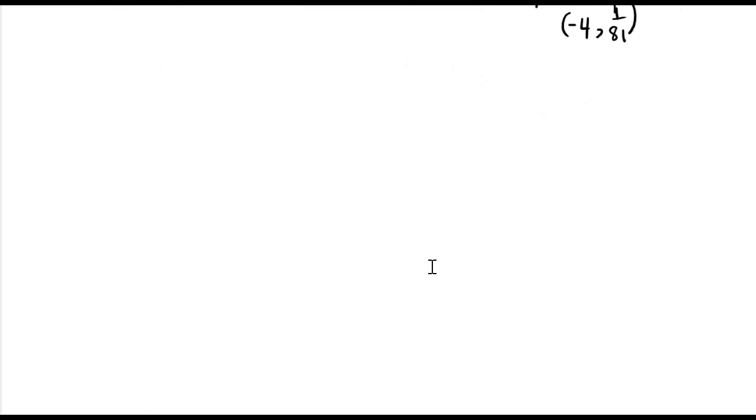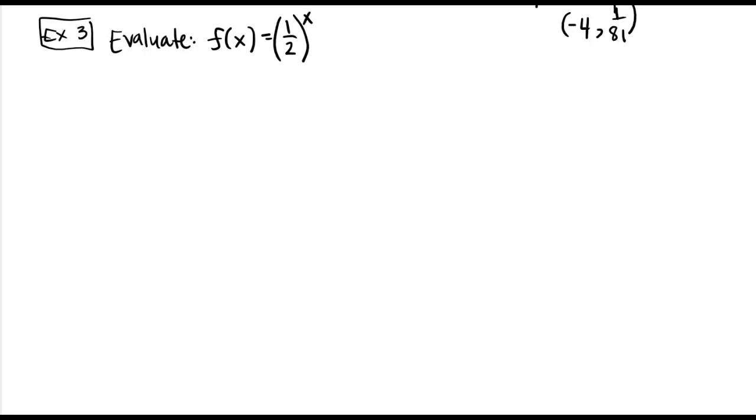Okay, we're going to still evaluate on example 3. This one looks a little bit different, but it's still the same idea. So we're given the function. I want you to evaluate, and evaluate just means find the numerical answer. f of x equals 1/2, all raised to the x power.